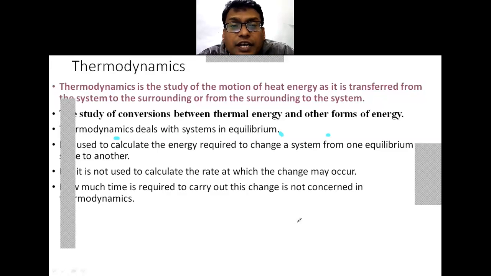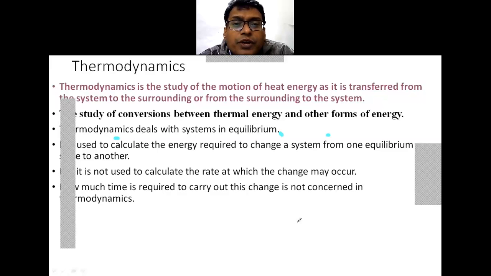Now we will talk about thermodynamics. Thermodynamics is the study of the motion of heat energy as it is transferred from the system to the surroundings or from the surroundings to the system. From where to where the heat is going is not the concern, but one is the system and another is the surroundings.